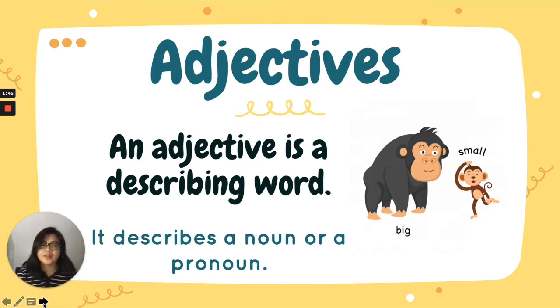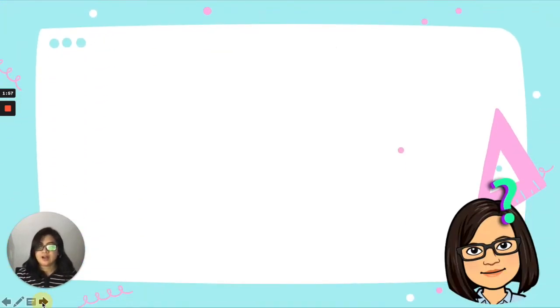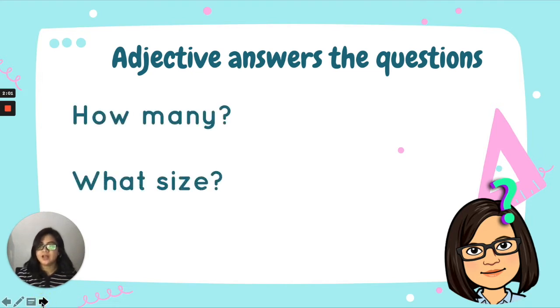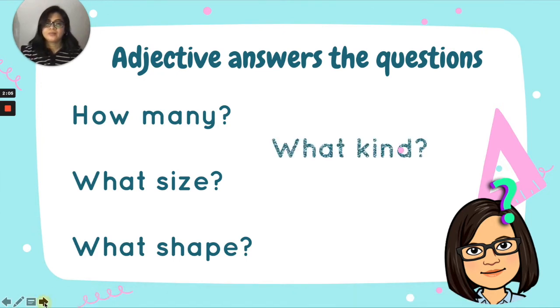Like the monkeys on the right part of your screen, you can see the words big and small. There are big monkeys, there are small monkeys. So we use these to describe nouns. Adjectives also answer the questions how many, what size, what shape, what kind, and what color.